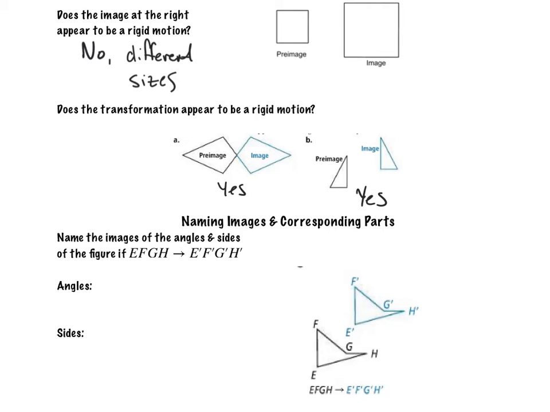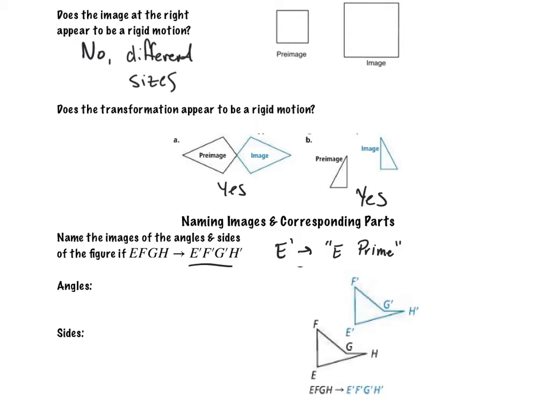One of the other important things to note is that when I have these figures, I'm going to name them, and how I name them is important because things have to match up. When I look at this image name here, I would say it as E prime. That's all that little apostrophe means, prime.